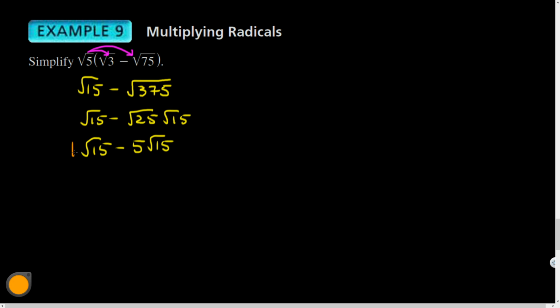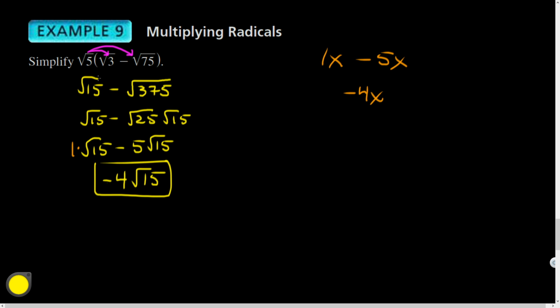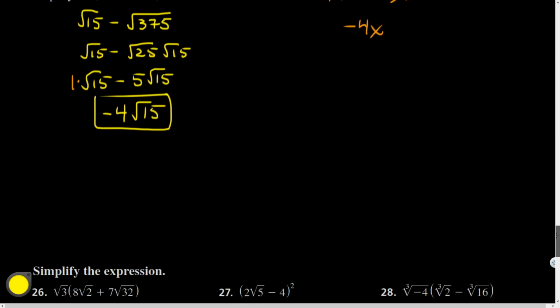Well, there's an invisible 1 coefficient there, just like if I did x minus 5x, remember there's an invisible 1 there, that would have combined to be negative 4x. Same idea here. So I've got 1 rad 15 minus 5 rad 15. It's going to be negative 4 rad 15s. And rad 15, we had already checked in our minds anyway to verify that that does not simplify any further.